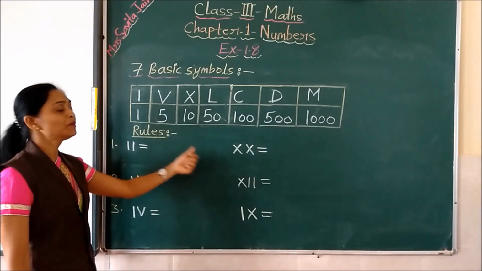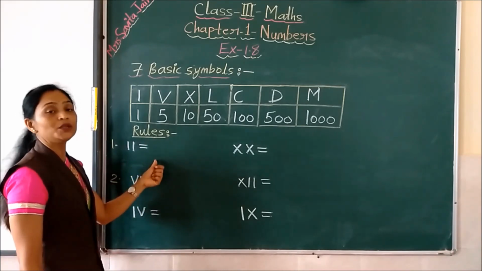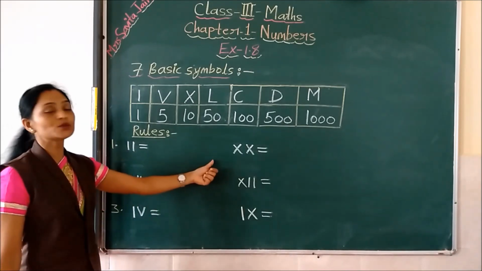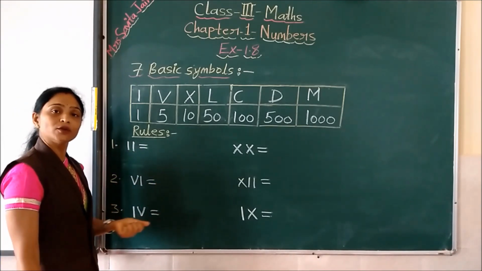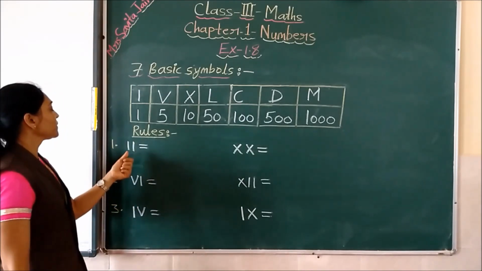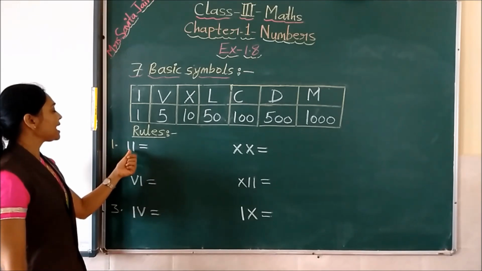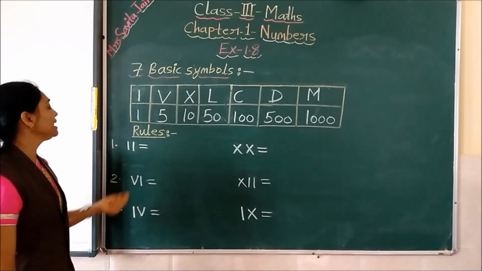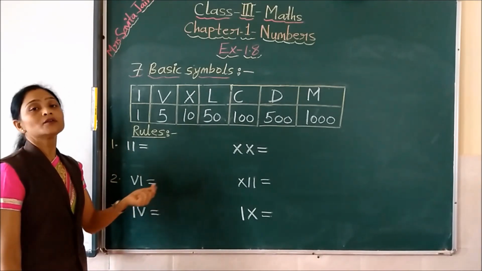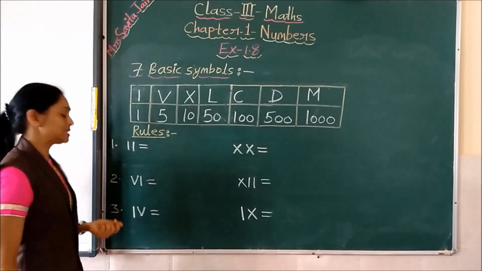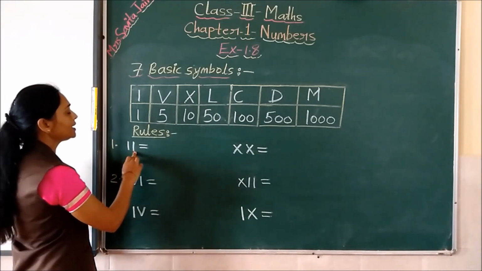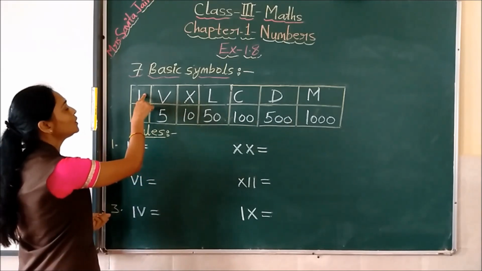Now we will see some rules when we are writing Roman numerals. We have to remember these rules, so this will help us to write Roman numerals. Yes children. If we are repeating any symbol, means if it is I 2 times, it means we have to add the value of both the symbols. Yes children. So this is I and I, means I is equal to 1.